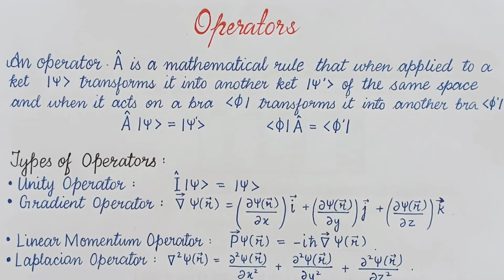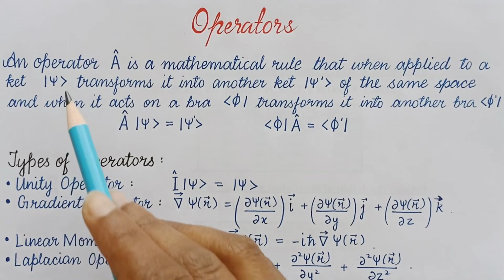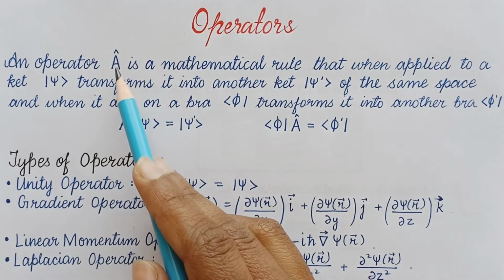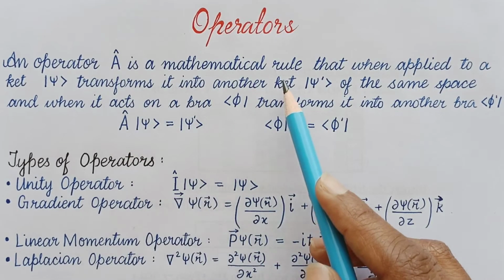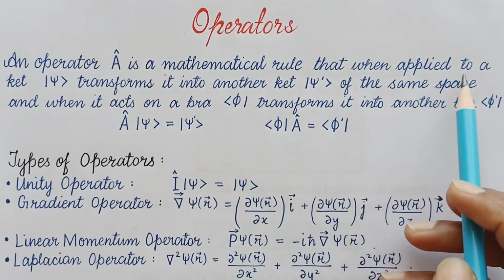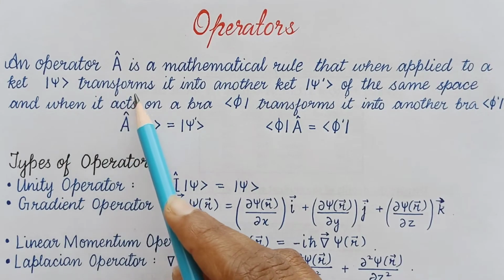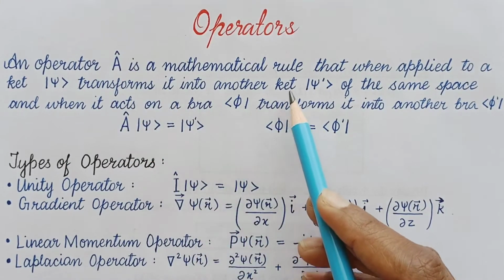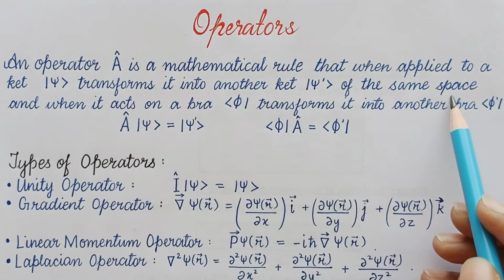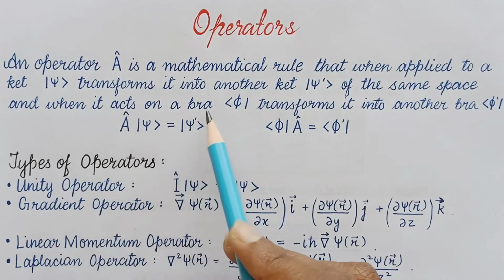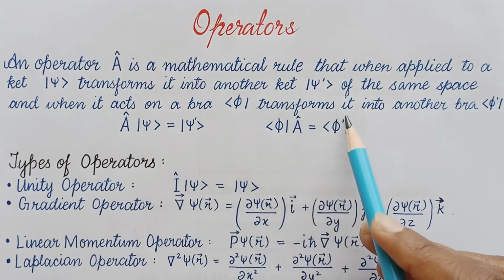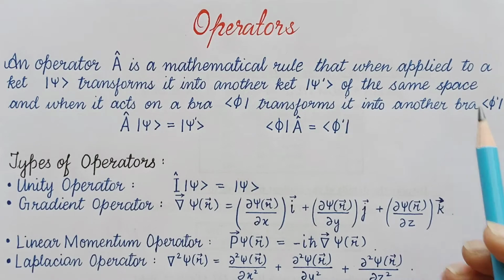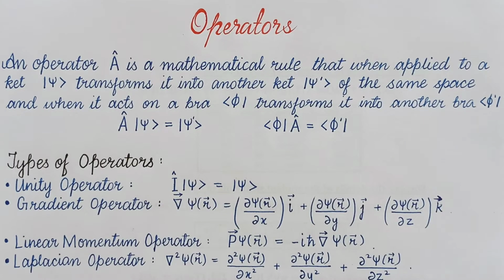So now coming to the main definition of operators. An operator, denoted by A cap, is a mathematical rule that when applied to a ket transforms it into another ket of the same space, and when it acts on a bra transforms it into another bra. So what is it saying?